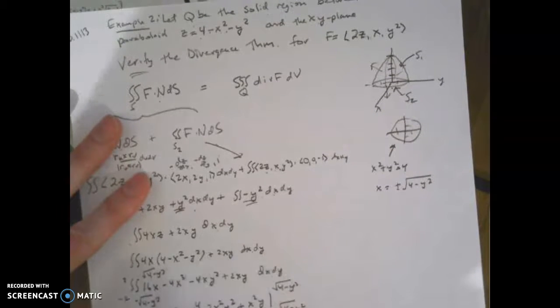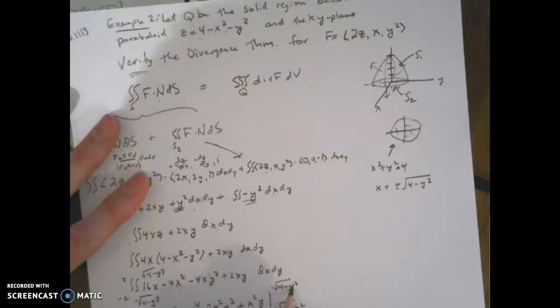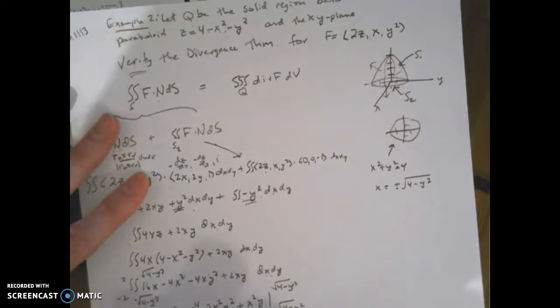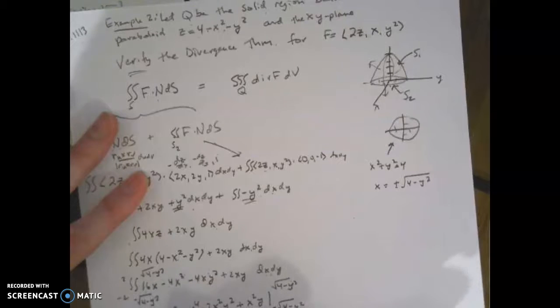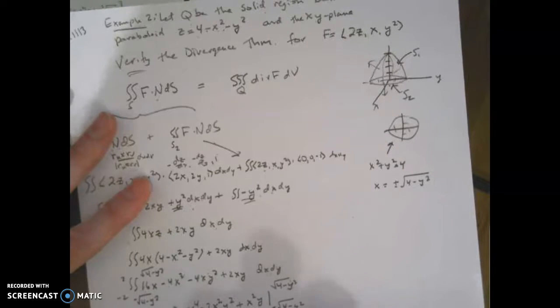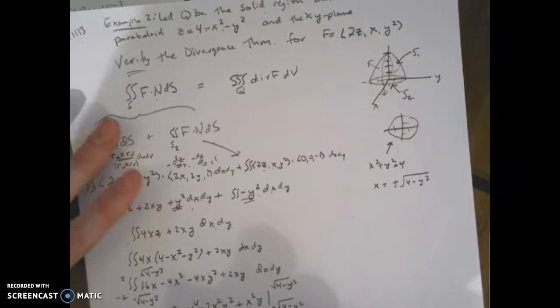So that squared, we're going to get 8 times 4 minus y squared minus this thing to the fourth, which is going to be 4 minus y squared squared minus 2 times 4 minus y squared. Square that, and you're just going to get that times y squared plus, and square, we're going to get 4 minus y squared times y.